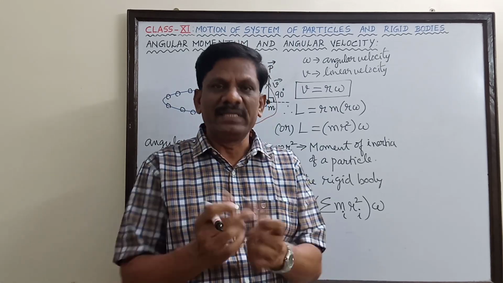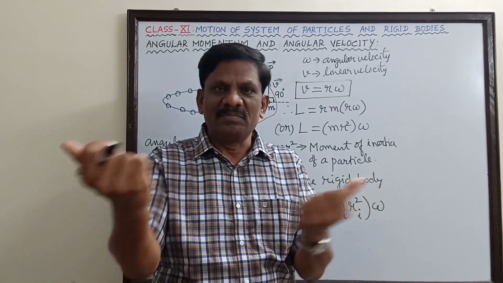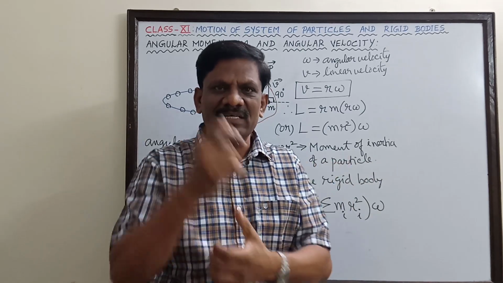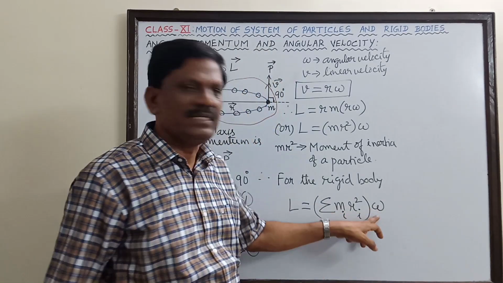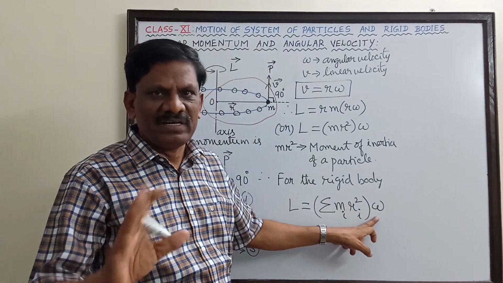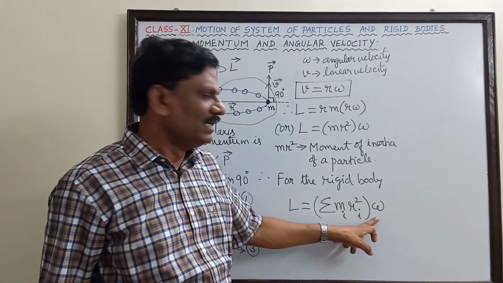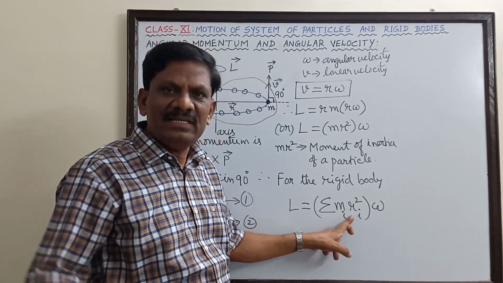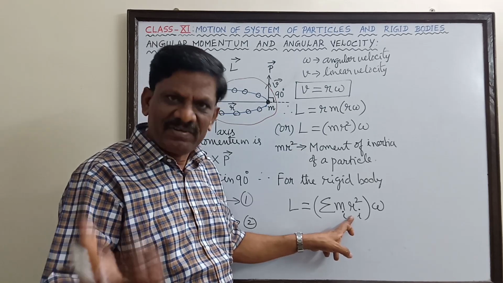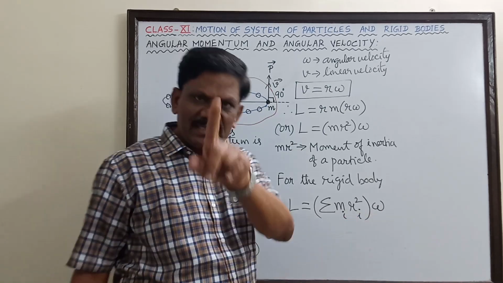But do all the particles at different radii subtend the same angle 360 degrees at the center for one revolution? So omega is a constant. It is not different for different particles. Understand? The masses of particles are different, their distances from the axis are different, but angular velocity is the same.